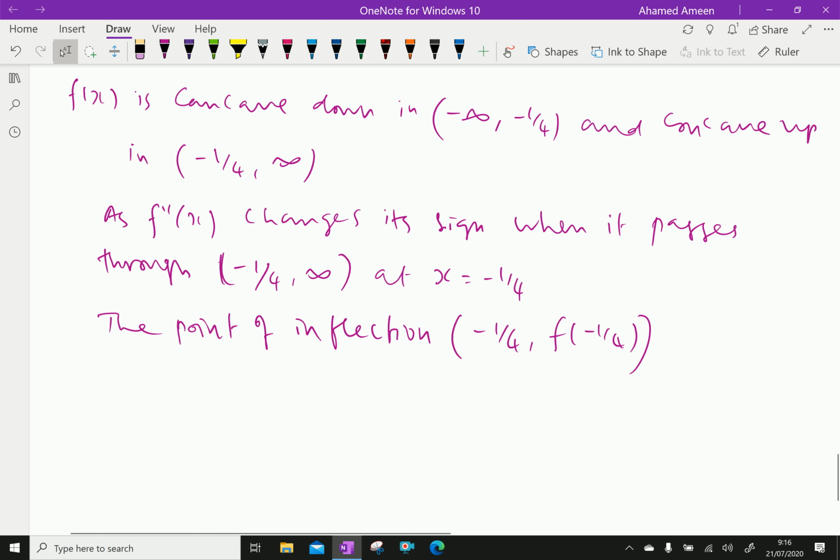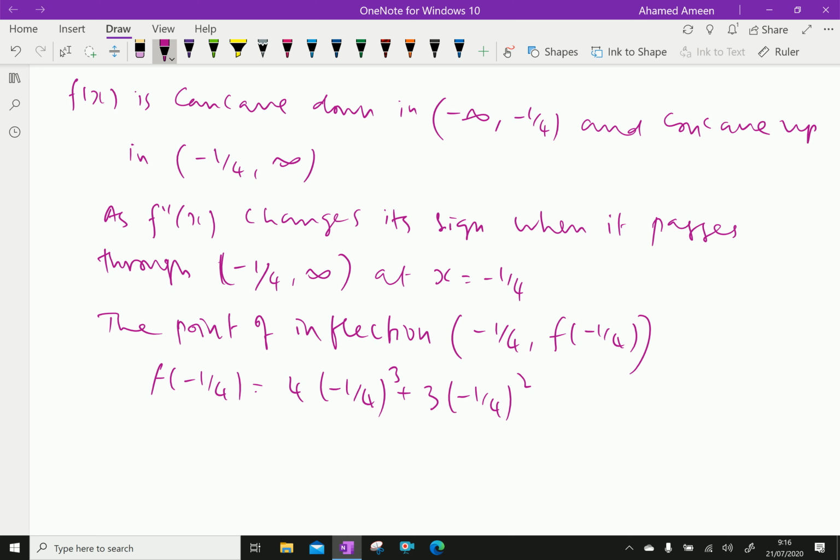We'll do f of minus 1 by 4, which is 4x cube plus 3 into x square minus 6 into x plus 1.